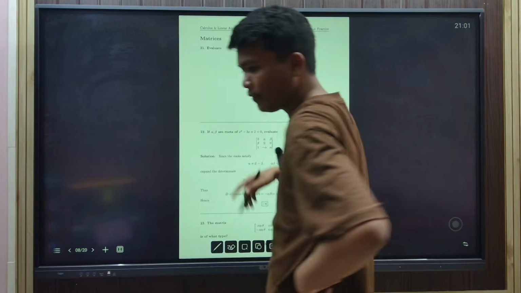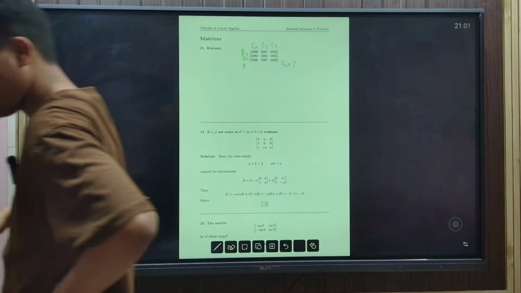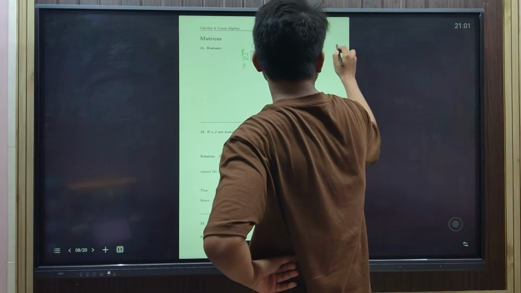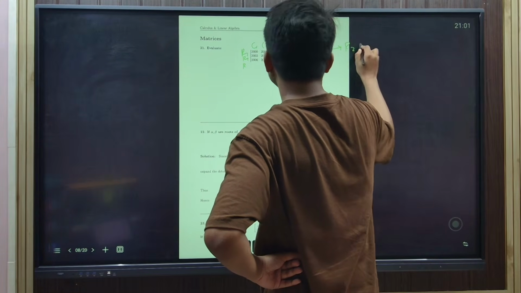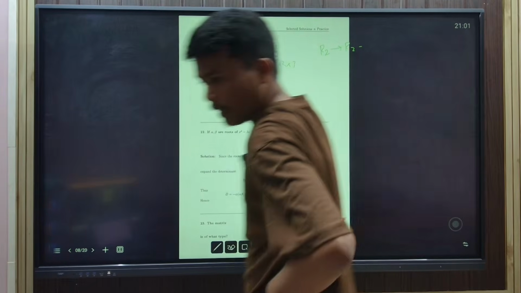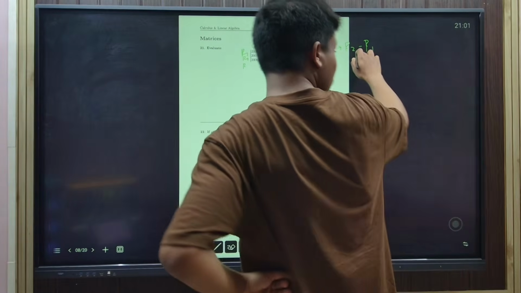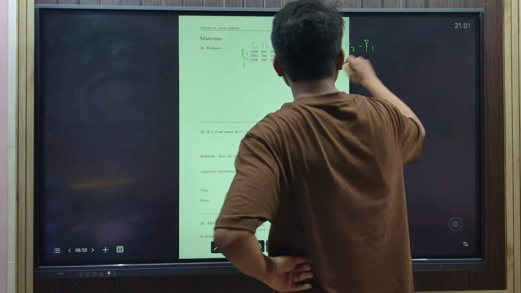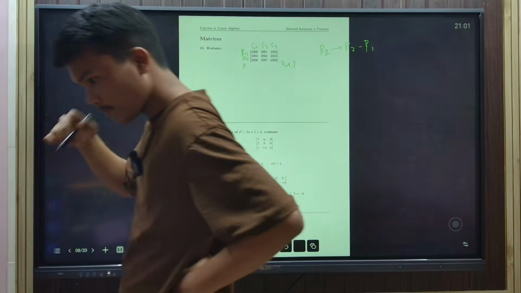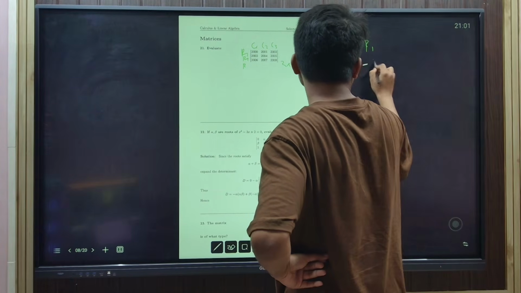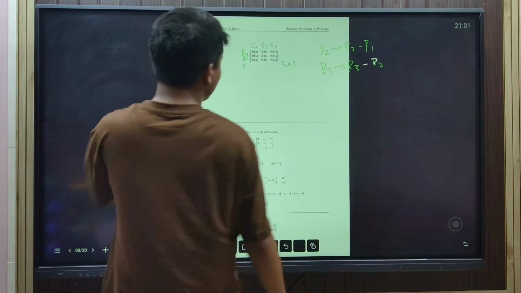How do we find the determinant value? You can replace r2 by r2 minus r1. That means row 2 is replaced by row 2 minus row 1, and row 3 is replaced by row 3 minus row 2. So now this operation you can do here.